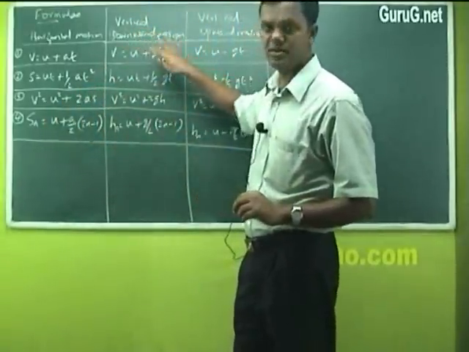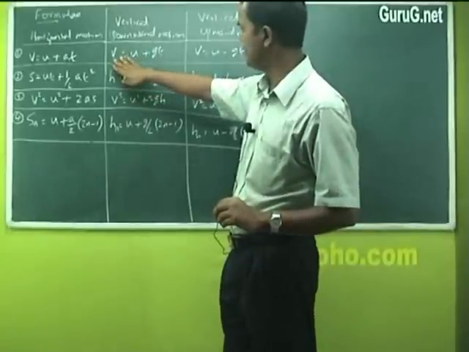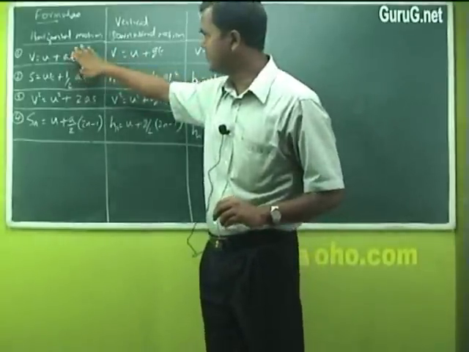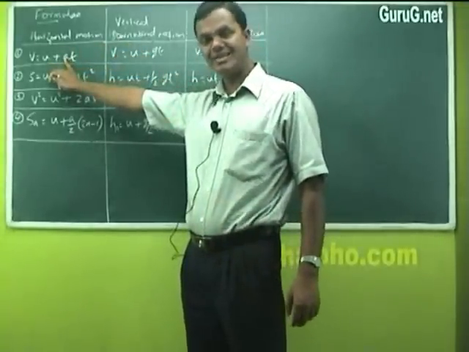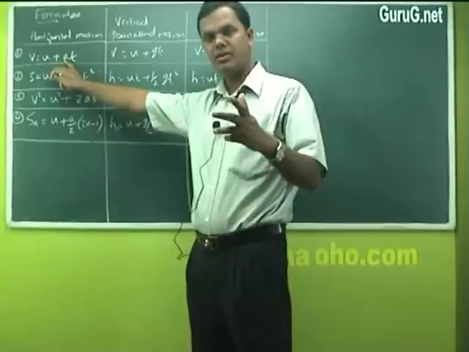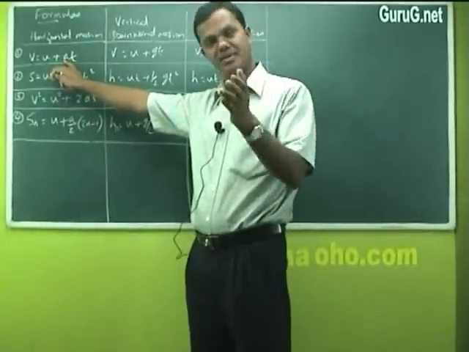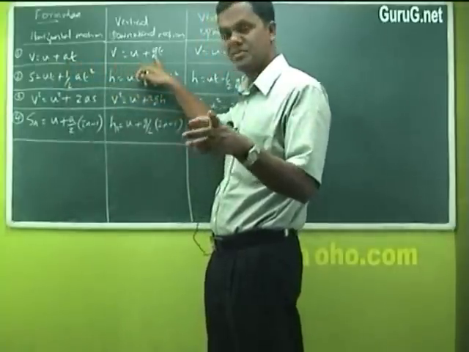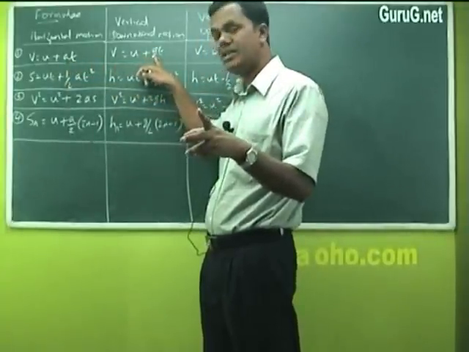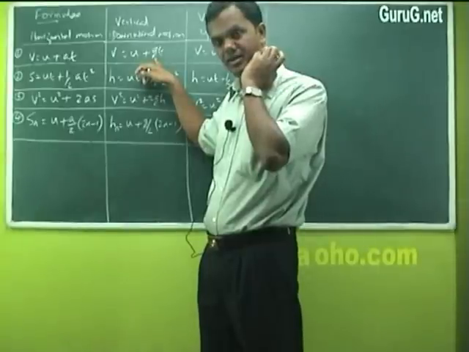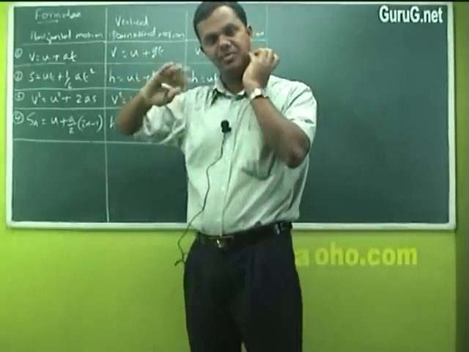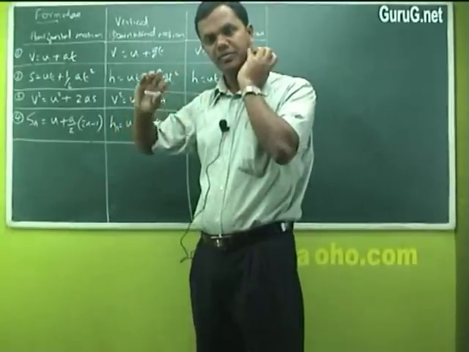Then when you come to vertical downward motion, it is u plus... The difference between horizontal and vertical is what? Here the acceleration a is the acceleration applied, in meter per second square, and this g is also meter per second square, but this g is acceleration due to gravity. It is naturally available, and we don't have to calculate it.